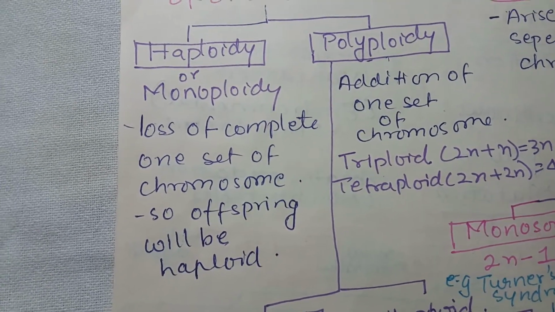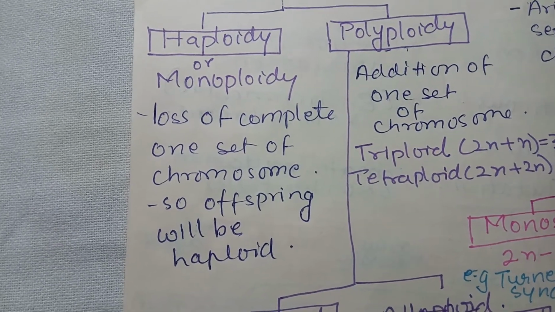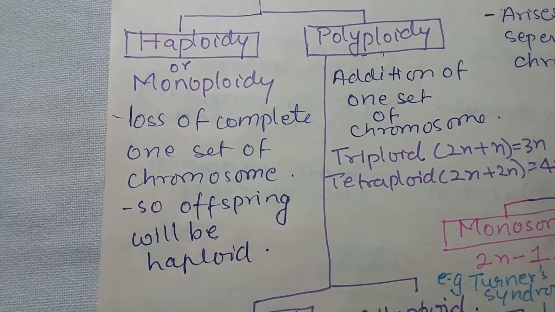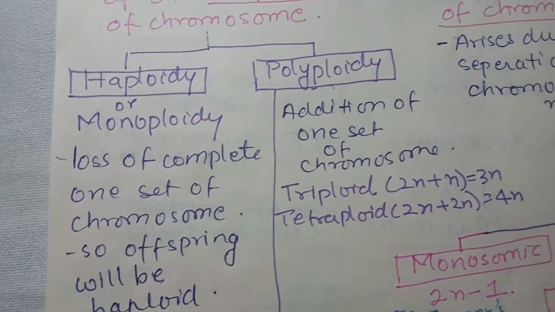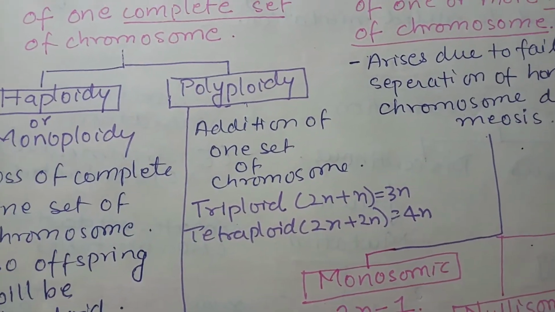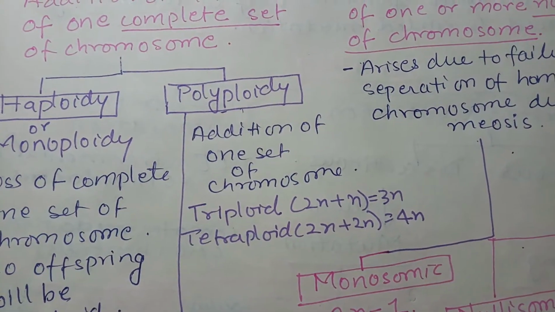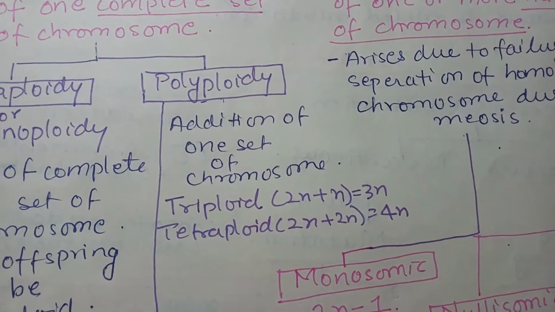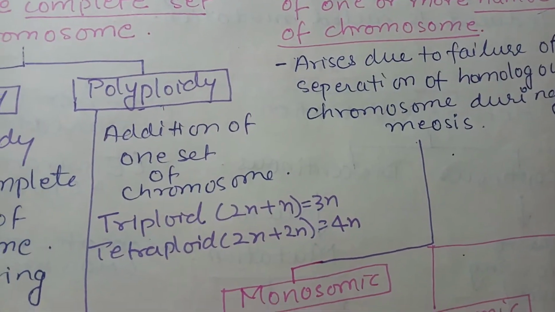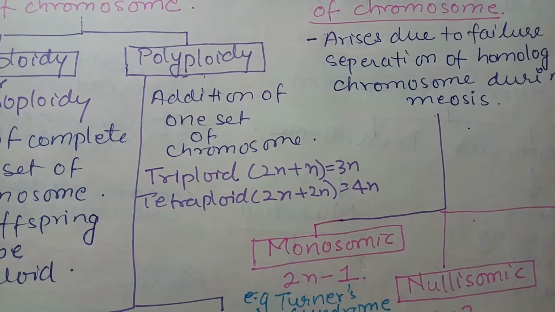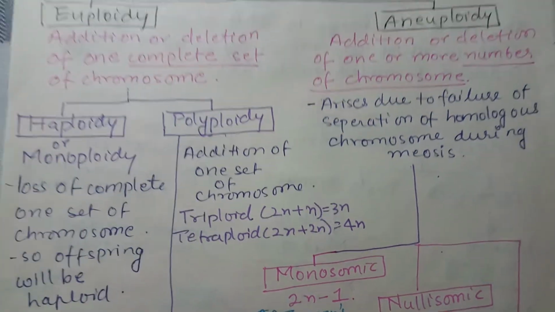For example, if the organism is diploid and one set is lost, the organism becomes haploid. Polyploidy means addition of full sets of chromosomes. For example, if the organism is diploid and one set is added, it becomes triploid, tetraploid and so on.